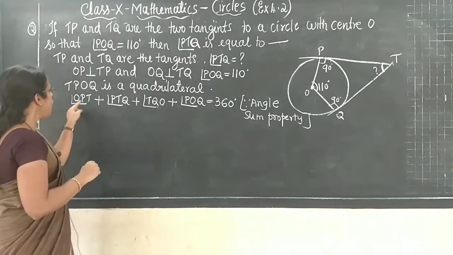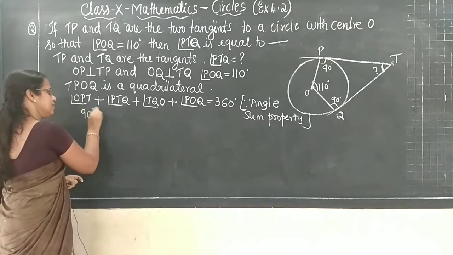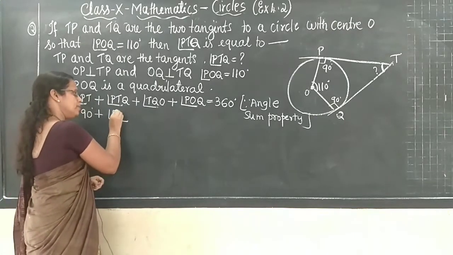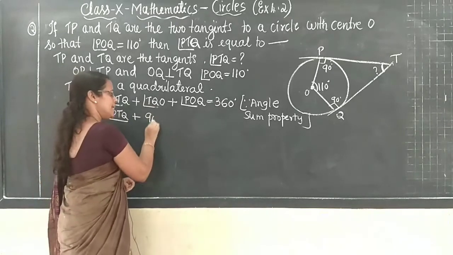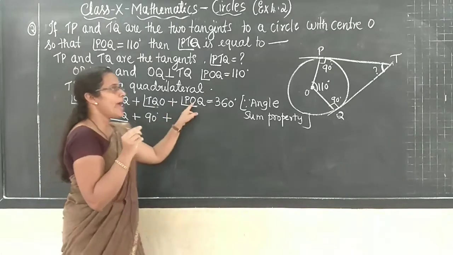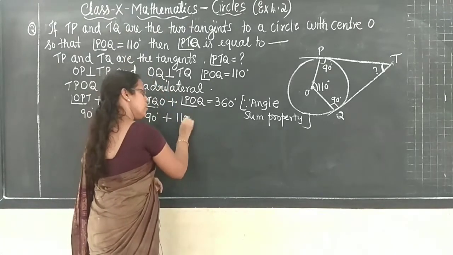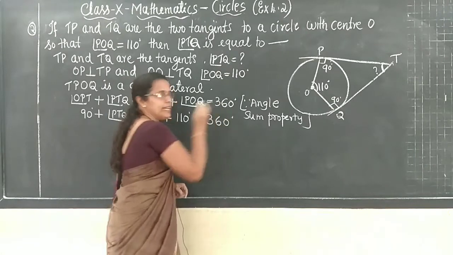Now, what is OPT? P angle is how much degree? 90 degree. Plus T angle is how much degree? Don't know. Plus Q angle is how much degree? 90. O angle is how much degree? Already we mentioned O angle is 110 degree, is equal to 360 degree.